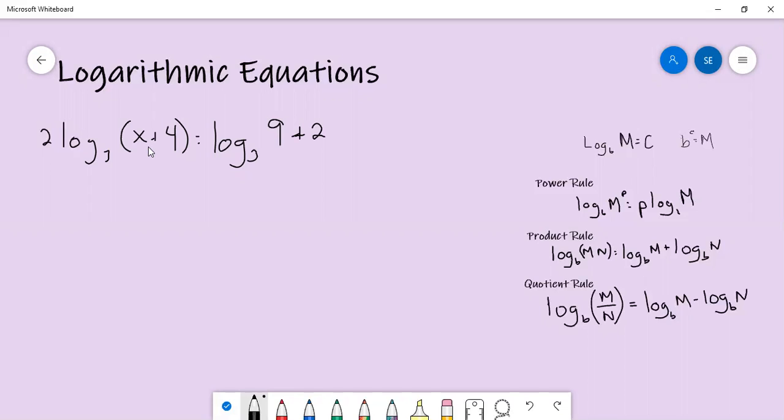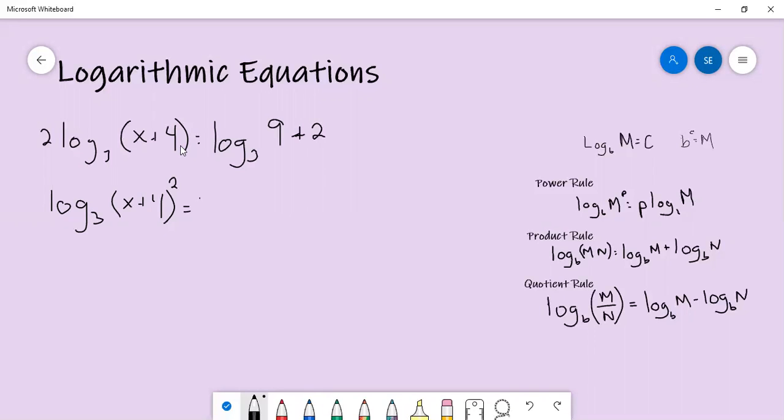So the first thing I want to do is invoke our power rule. I'm going to put this 2 as an exponent up here, so I'm going to rewrite this as log base 3 of x plus 4 squared.